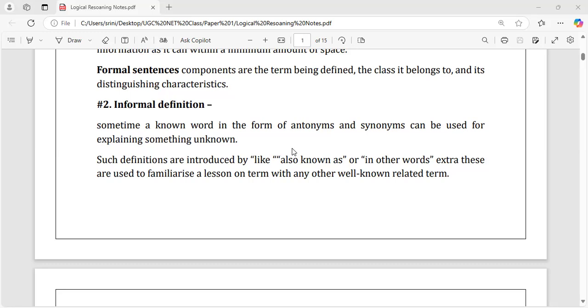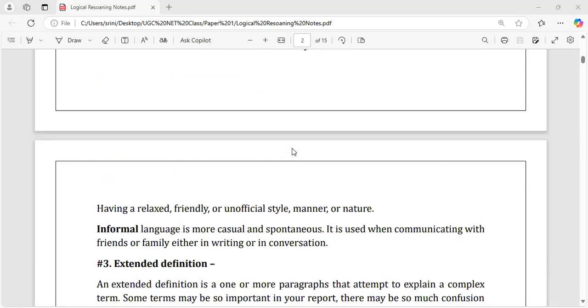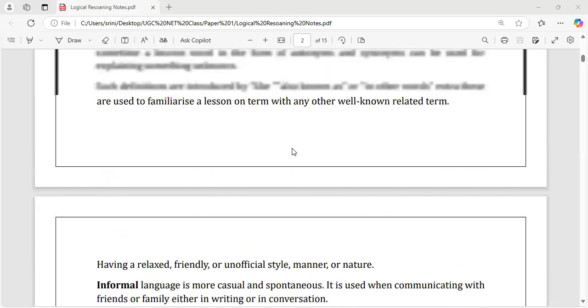For example, informal means having a relaxed, friendly, or unofficial style, manner, or nature. Informal language is more casual and spontaneous. It is used when communicating with friends or family, either in writing or in conversation.